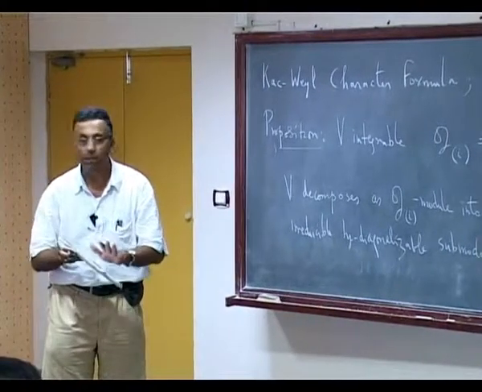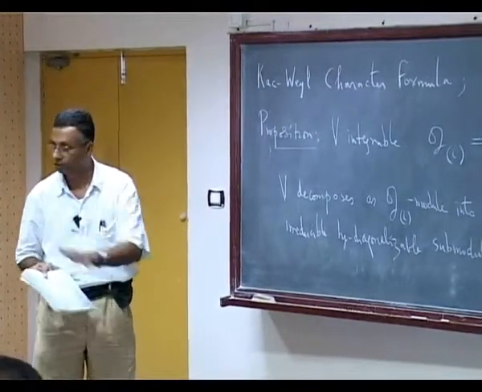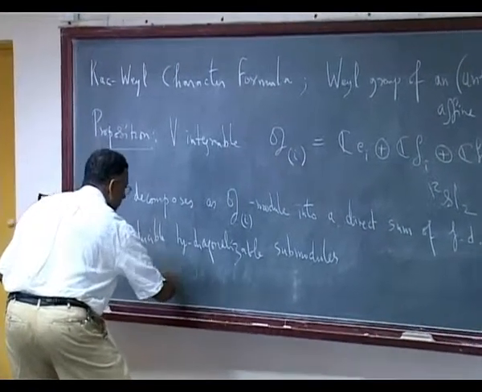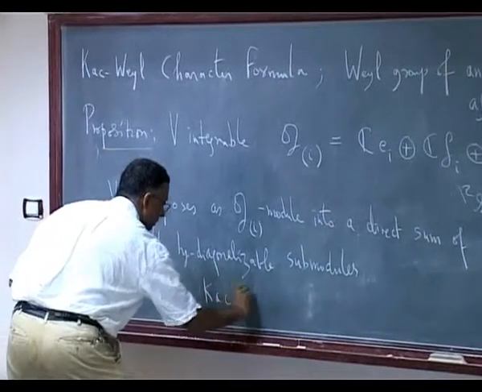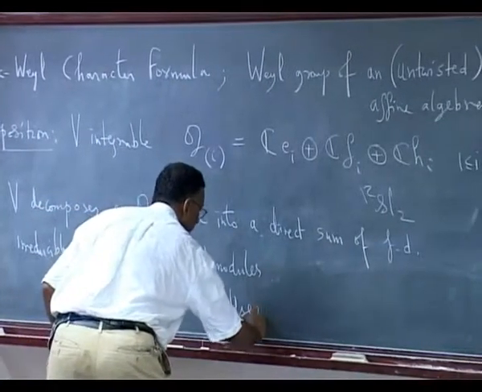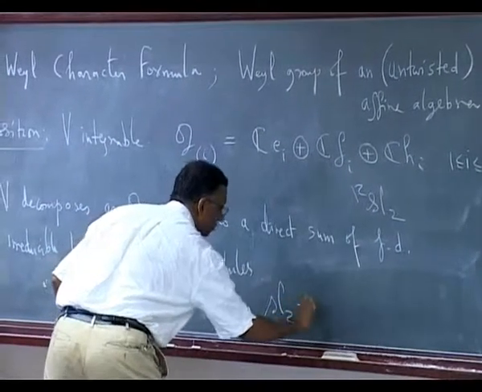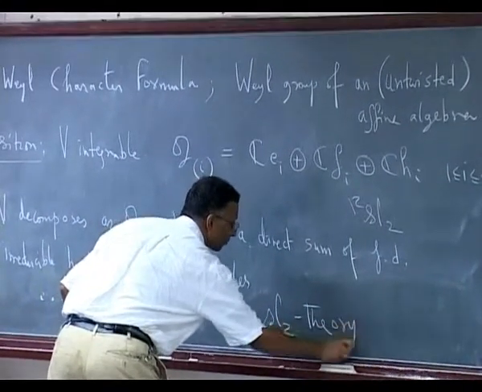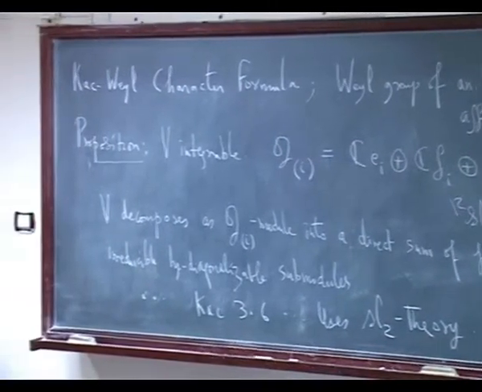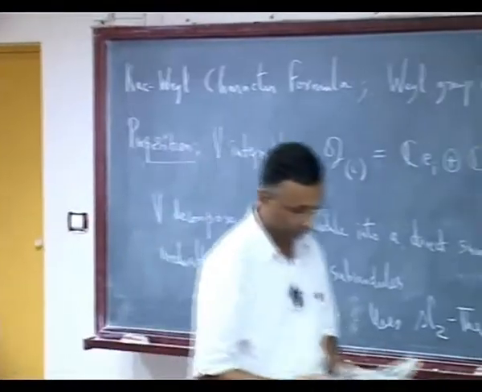So I will not worry about writing down the entire detail of that. So I will write here CARTS 3.6. So use this SL2 theory, the finite dimensional representation theory of SL2.